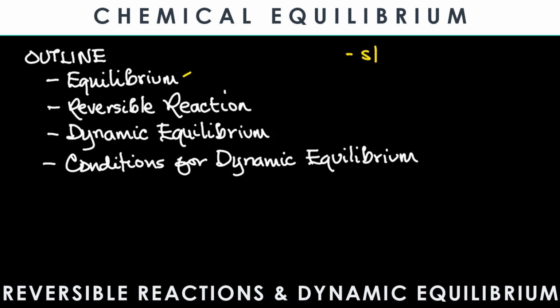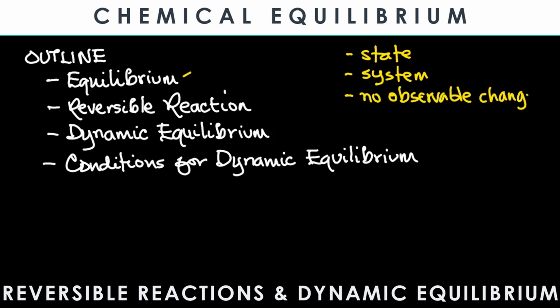Equilibrium is a state of a system, with no observable change in the properties of the system over a period of time. This is the concept behind equilibrium in chemistry.